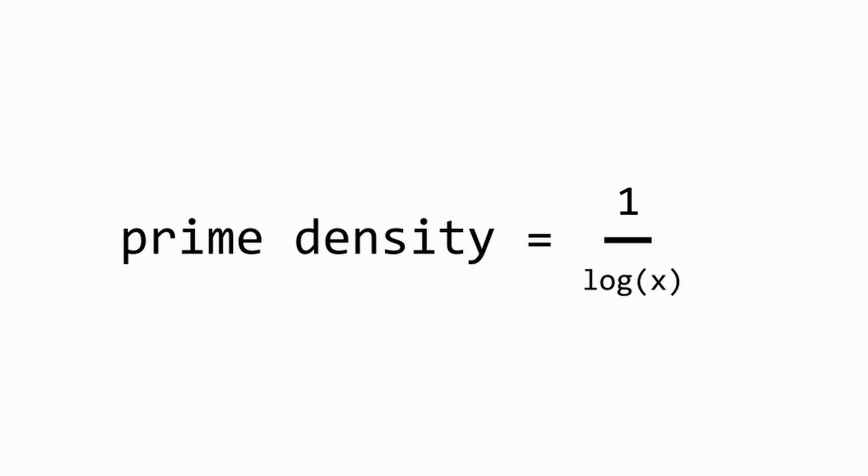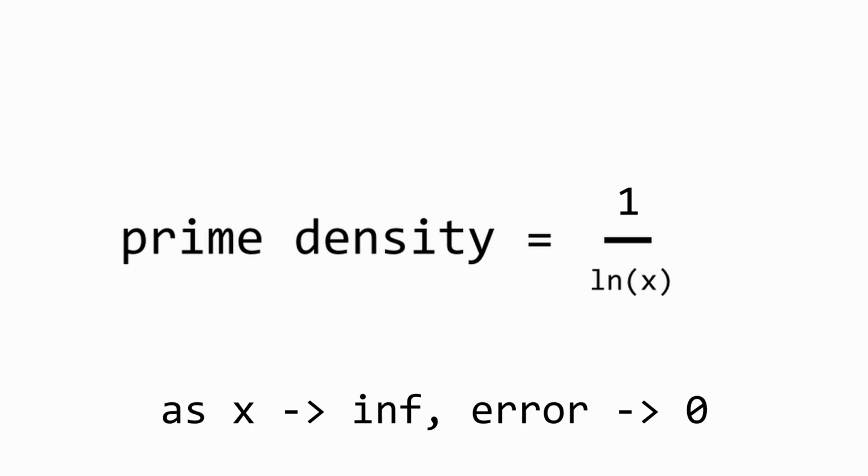The estimation is pretty close, and the prime density y is actually approximately equal to 1 over the natural log of the current size x. This formula becomes more and more accurate as x increases, so as x approaches infinity, the difference in percentage of the estimate and the percentage of the actual number of primes under x approaches 0.